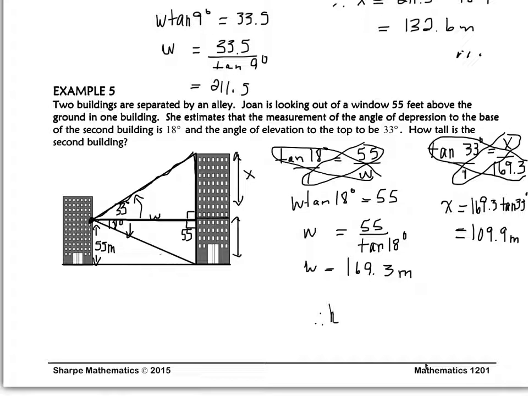So therefore, the height of the second building would be the 55 meters plus the 109.9 meters, which would be, oh, it's 164.9 meters.